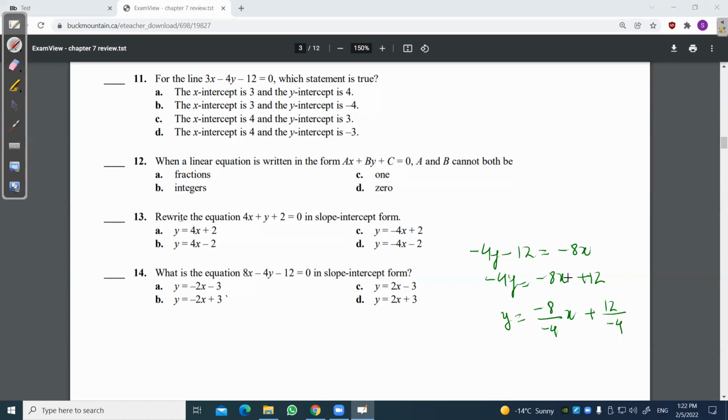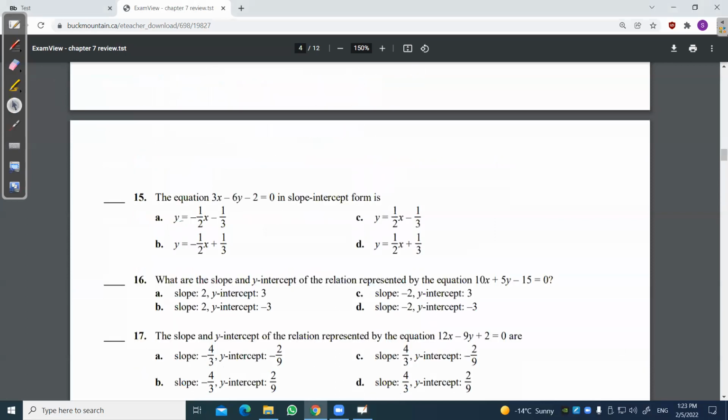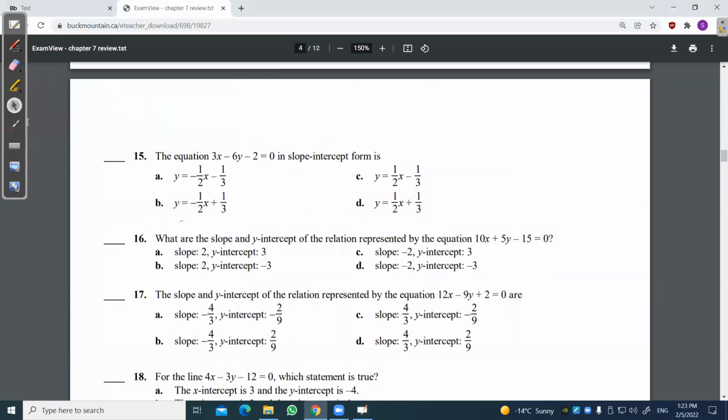Divide both of these terms by negative 4 individually. What's negative 8 over negative 4? 2, so 2x, and 12 over negative 4 is minus 3. So the answer is C. We've rewritten this equation in slope-intercept form. The slope is 2, the y-intercept is minus 3.